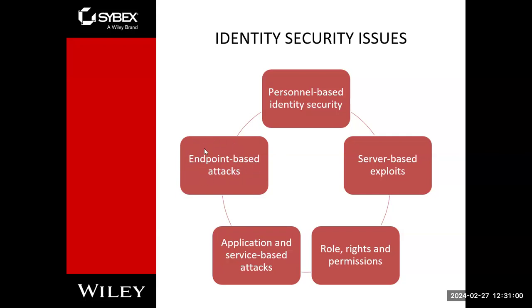You see a lot of endpoint-based attacks come through phishing emails, malware, etc. Application and server-based attacks might be web applications, so things like cross-site scripting and SQL injection. And then roles, rights, and permissions. This is where identity really comes into play. Compromising a user and then being able to escalate privilege is a key part.